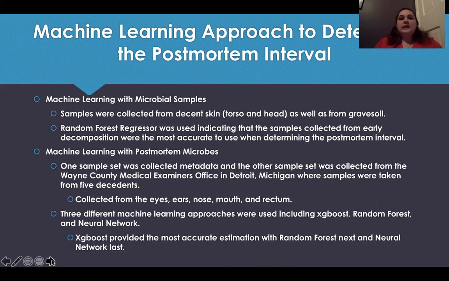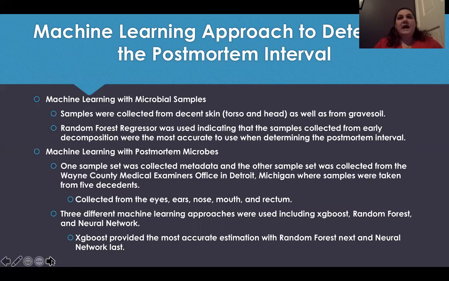It was indicated that, as I said before with the gut and the oral cavity, the microbes present during the early stages of decomposition hold great value, and the ones collected early and put into random forest regressor created a better postmortem interval determination compared to the later microbes.